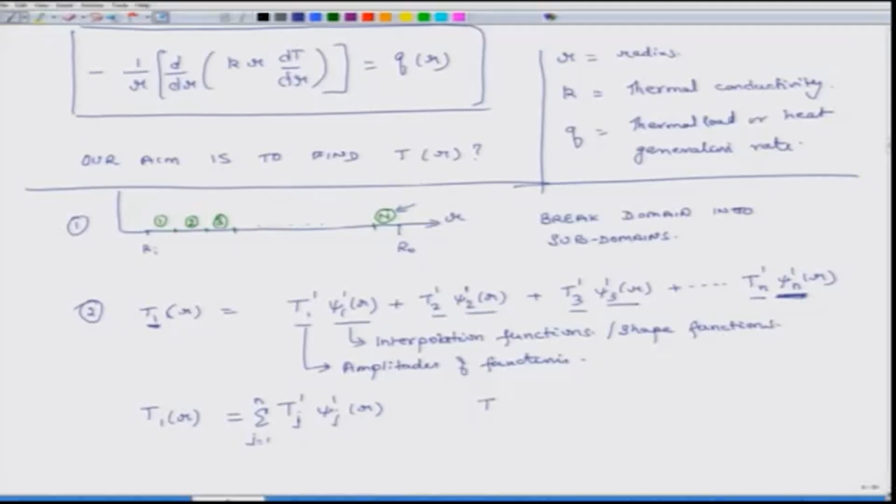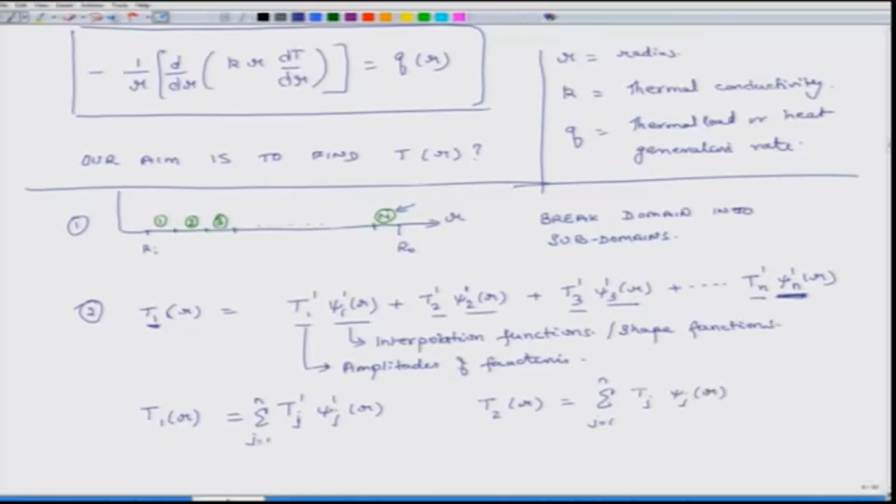Similarly, T2(r). And why do I have brackets in parentheses? Because these psi's are not constants, they are functions, and they are dependent on r. Similarly, T2(r) is the summation over j equal to 1 to n of Tj2 psi j2(r).